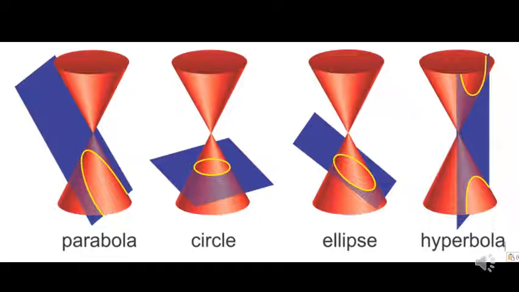A circle you always get by going perpendicular to the axis of a cone, and a parabola and an ellipse you end up slicing diagonally across it. Depending on how far diagonal you go, that makes the difference as to whether it's a parabola or an ellipse. For a hyperbola, to get those two parts, you slice straight up and down, in the same direction as the axis of the cone. And we'll talk about all of those in the next few weeks as we go through the rest of the topic.